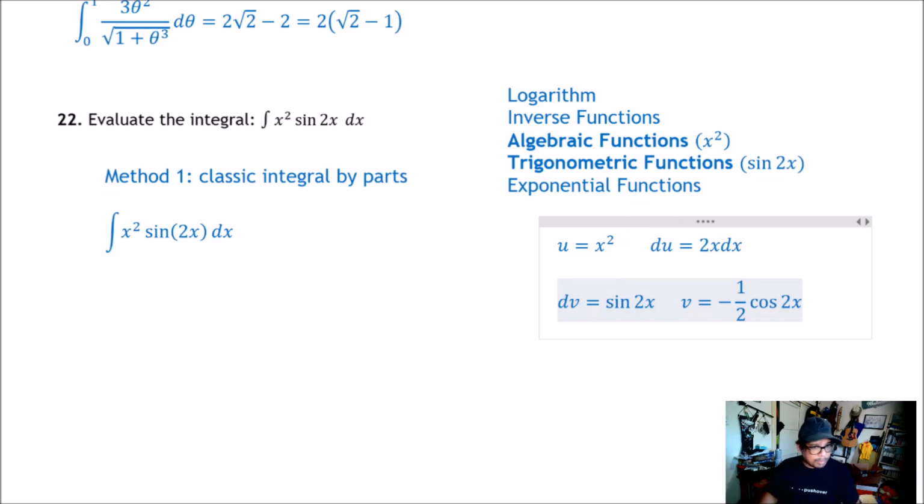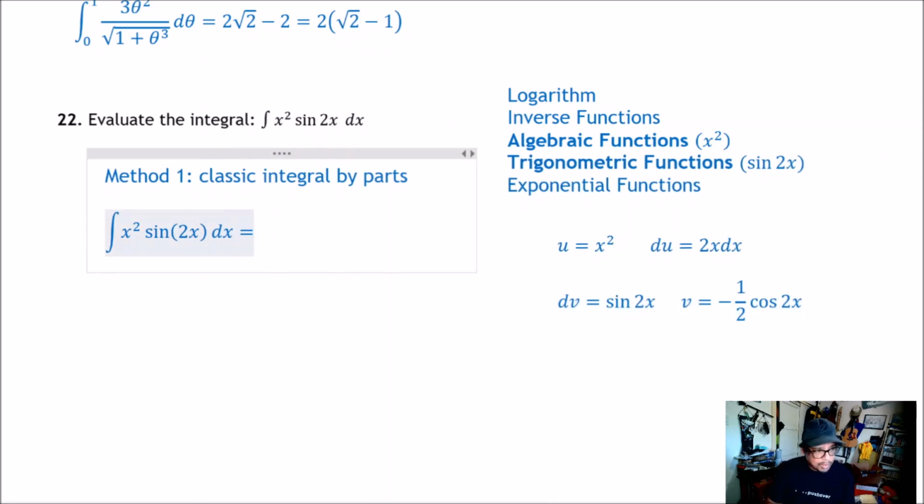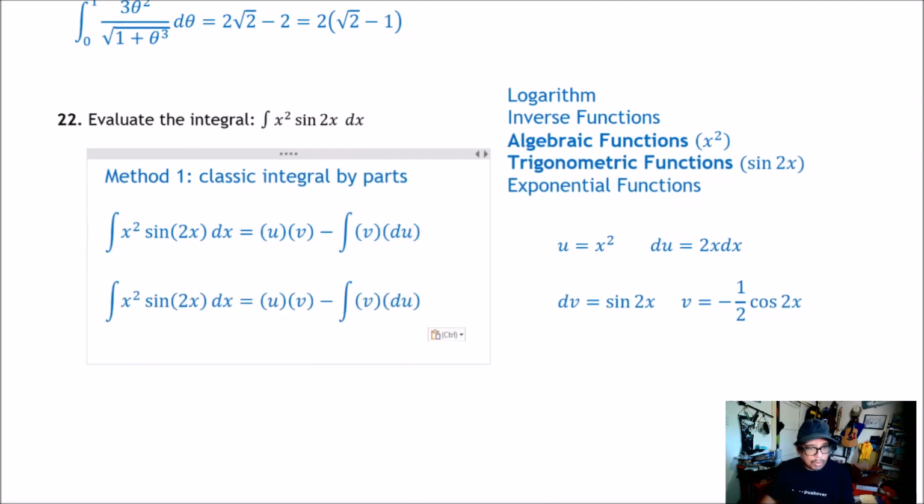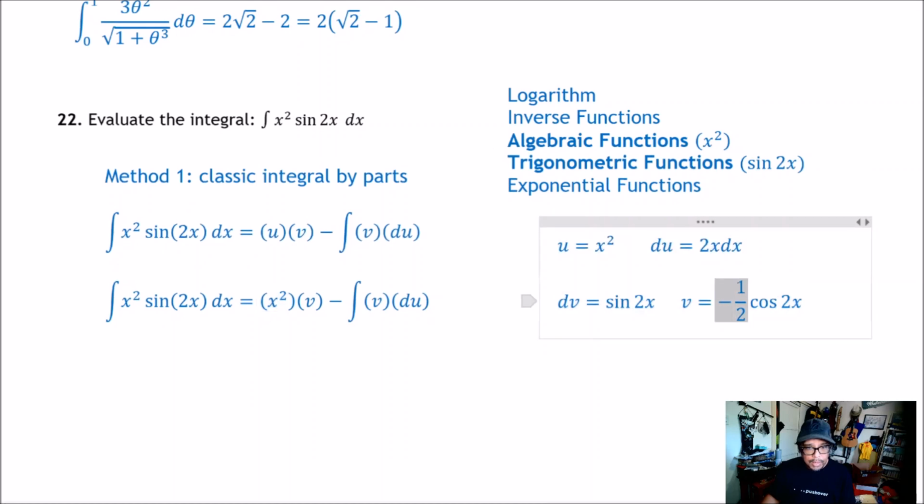Okay, let's put this together then. This is going to be equal to uv minus the integral of v du. All right, let's substitute what we have. We know u is x squared. We know v is negative 1/2 cosine 2x.